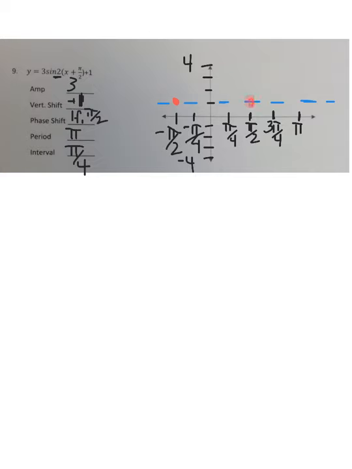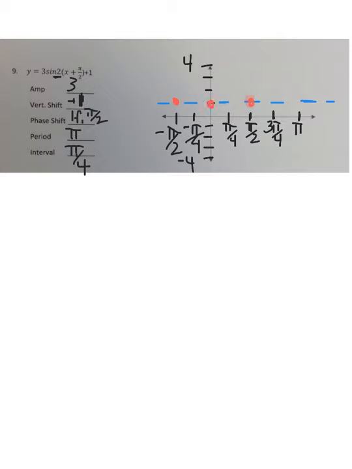There we go, that's better. All right, and then normally a sine curve again would start here, it would end here, and in the middle it would be here. But we have to shift that back pi over 2. Well, that's pi over 4, shift back a little bit more, one more, and there is your middle right there.